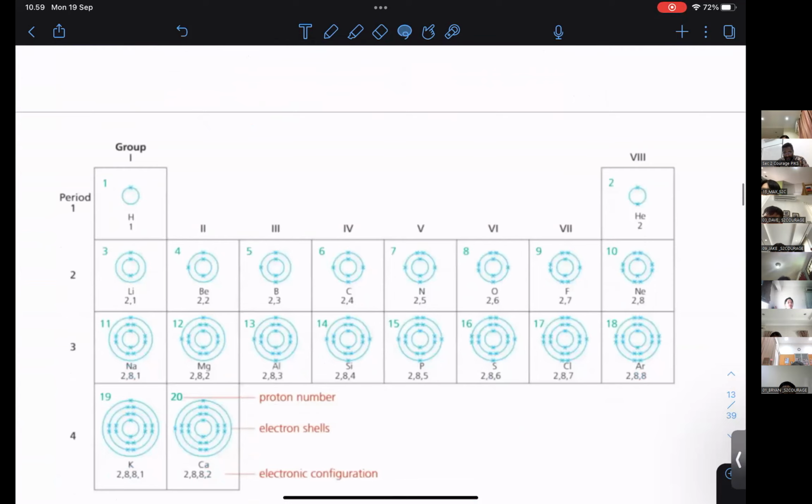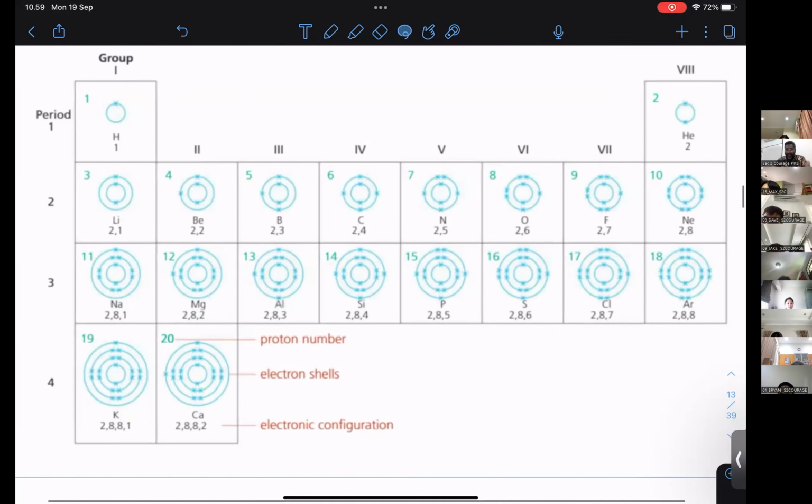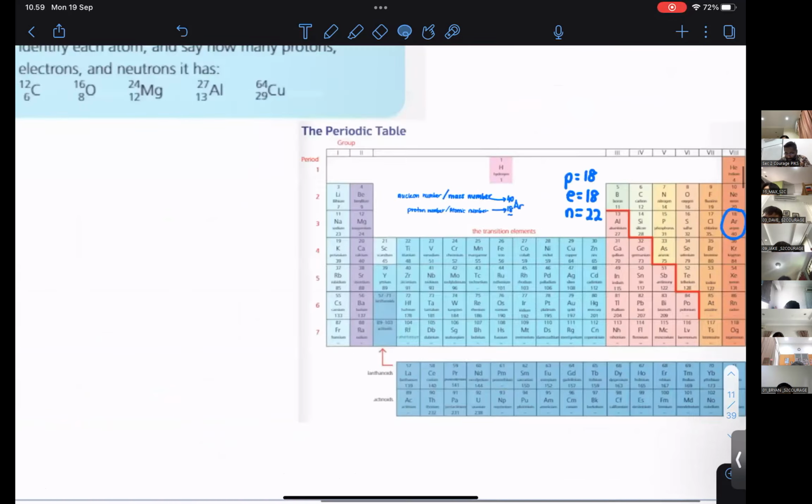So if you look at this, we arrange the periodic table so that it follows groups and periods, but the arrangement basically follows the proton number.